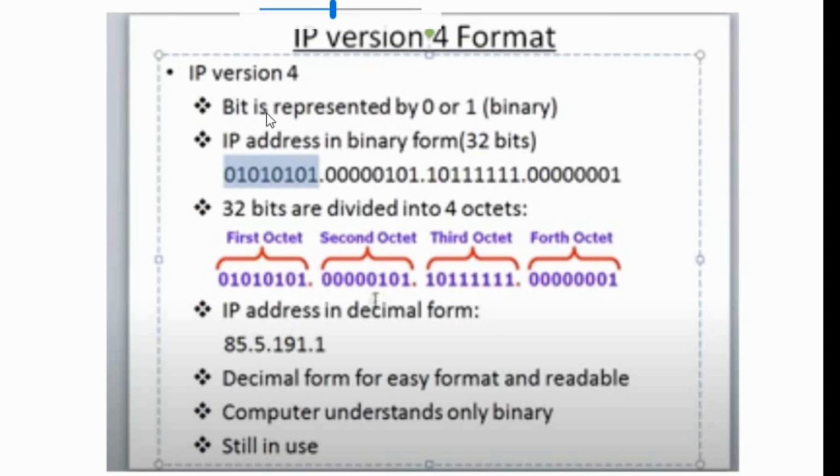You can see the bit is represented by 0 or 1. So an IP address in binary form is 32 bits, all the zeros are off bits, and all the ones are on bits. First octet, second octet, third octet, fourth octet. Keep reviewing over and over again, and you'll be able to memorize it easily.